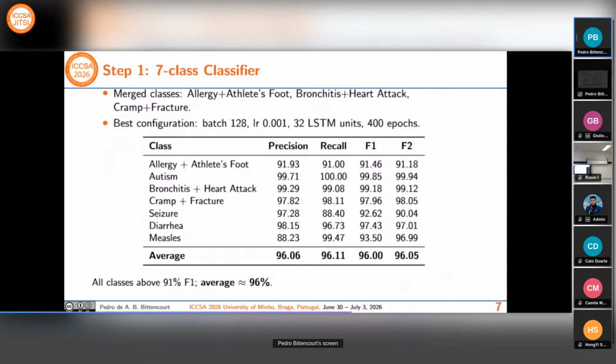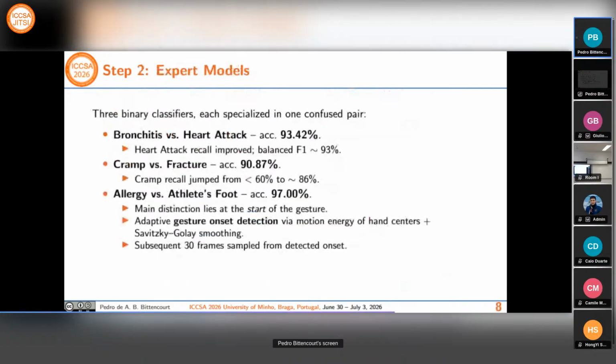The merged classes, such as bronchitis plus heart attack and cramp plus fracture, performed particularly well with metrics close to 100%. This confirms that the confusion was indeed happening within these pairs.